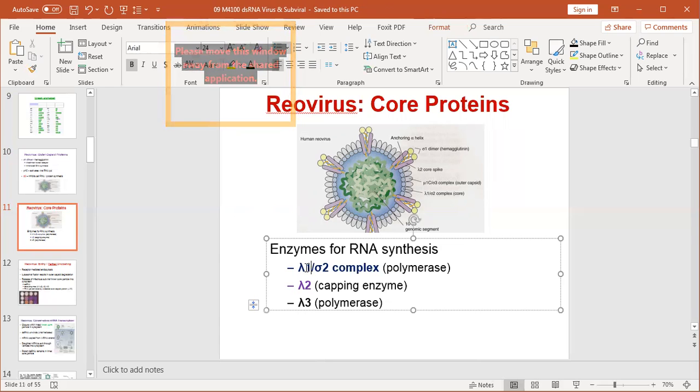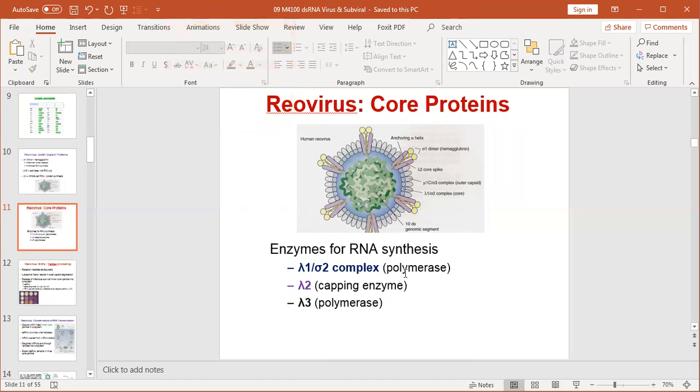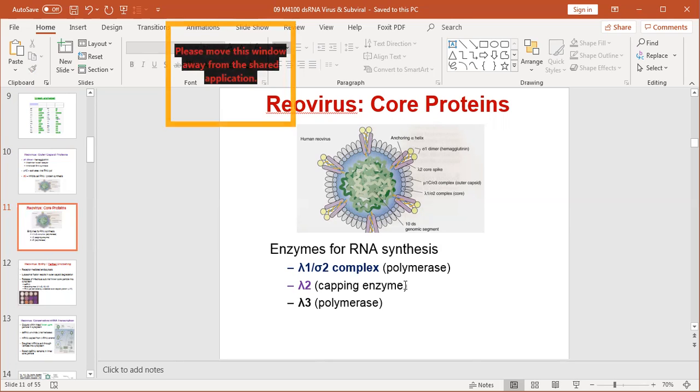These include lambda 1, sigma 2 complex, that is a polymerase, lambda 2, which is a capping enzyme for the 11 messenger RNAs being produced, and lambda 3 is also a polymerase. So those core proteins are usually a bunch of enzymes, polymerase, and capping enzymes.